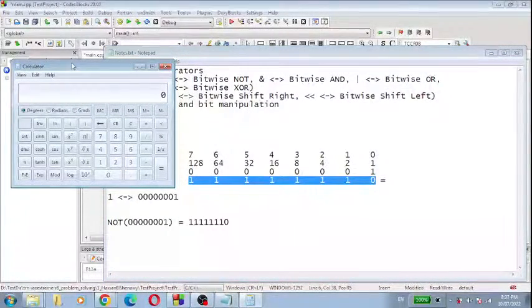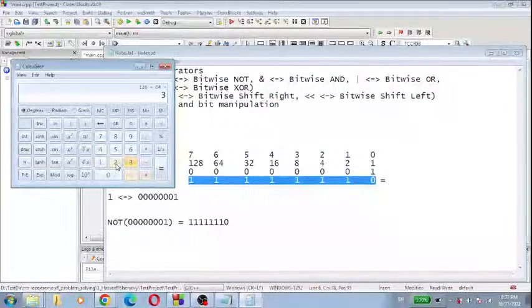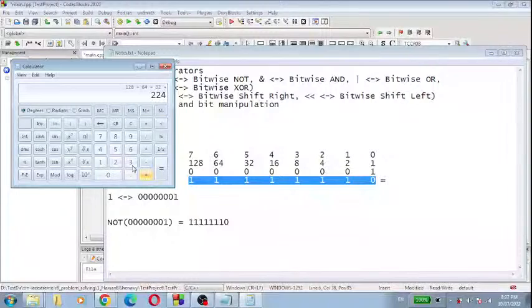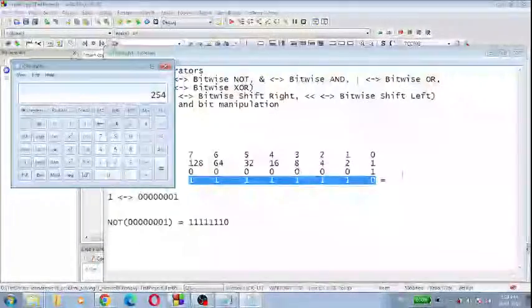It's easy. 128 plus 64 plus 32 plus 16 plus 8 plus 4 plus 2, and that's it: 254.